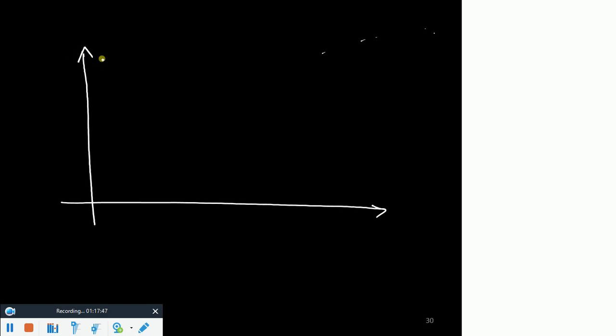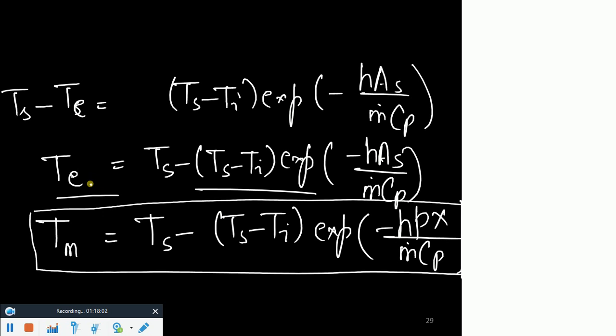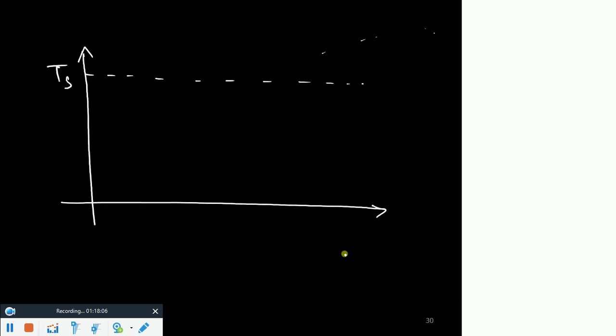So, by virtue of that relationship, if I say this is the value of Ts, obviously Tm needs to be lesser than Ts. That's how heat transfer can occur. Okay. So, if I look at the variation, this variation is following this exponential growth.